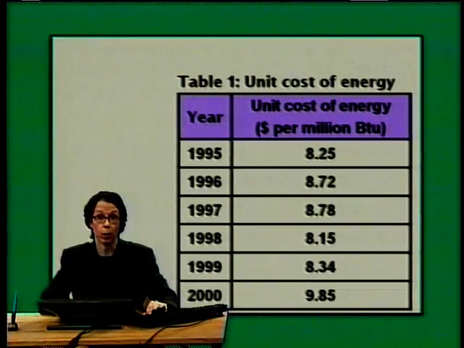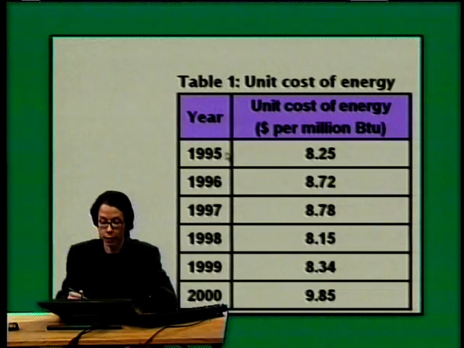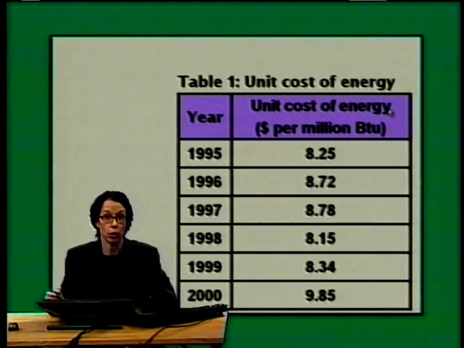So here's the table, and let's look at it a little bit to see what we see here. We see that indeed, we have the years from 1995 through 2000, and we have our unit cost of energy, given in dollars per million BTUs. So in 1995, it cost $8.25 to buy the energy to make 500 pots of coffee.